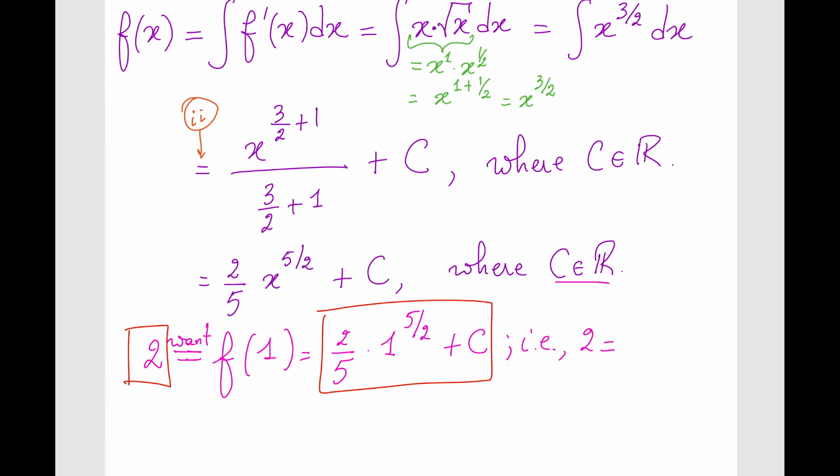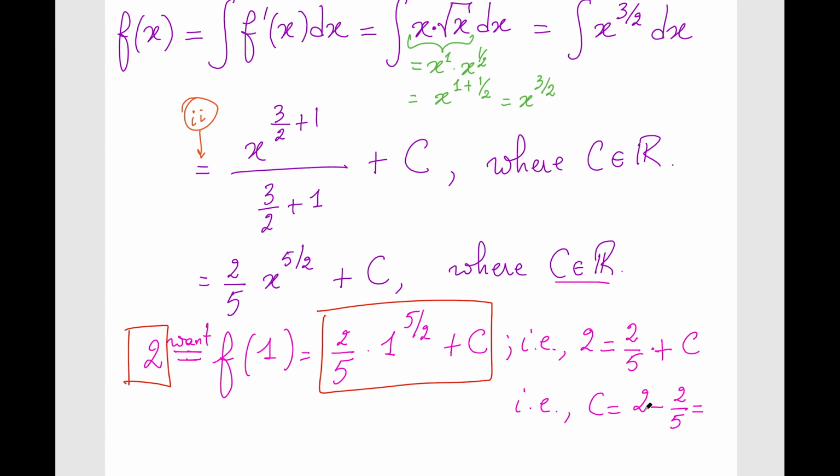All right, so that is to say 2 is equal to 2 over 5 times 1 to the power 5 halves. What's 1 to the power 5 halves? This is 1. 2 over 5 times 1 is still 2 over 5, plus c. So can't you solve for c now? How much is c? Well, c is going to be 2 minus 2 over 5.